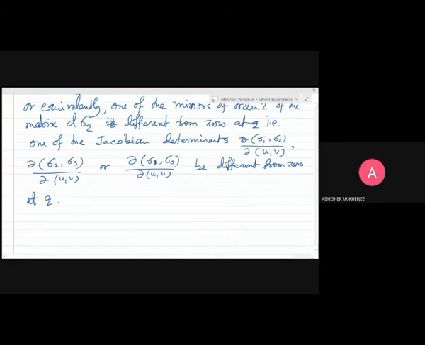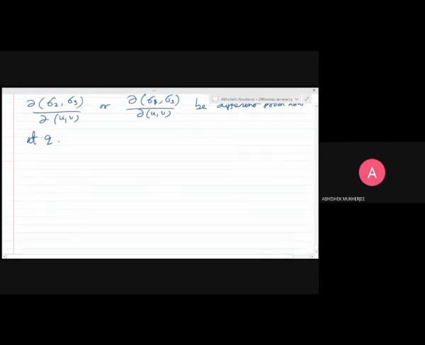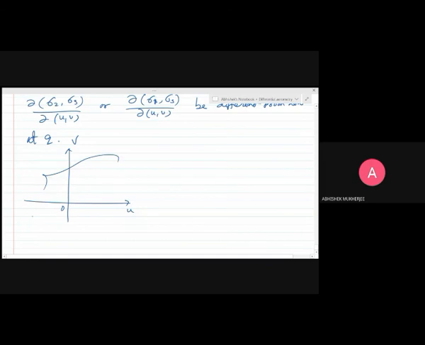So if you draw the picture, this is your 0, this is your u, this is your v.